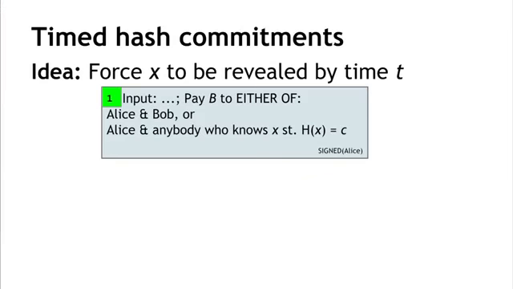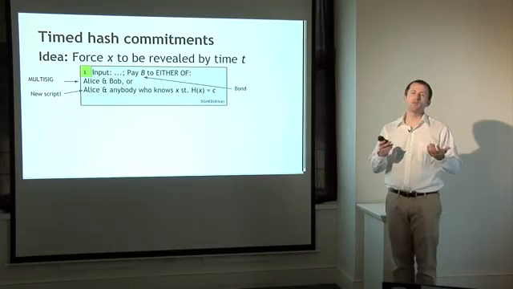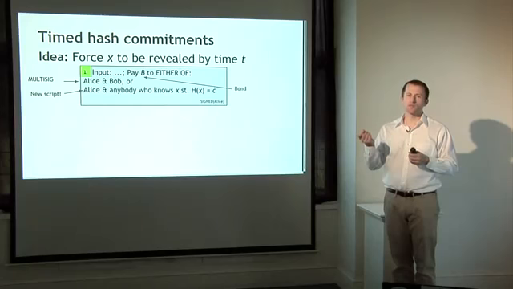So let's say that Alice is trying to enter into a timed hash commitment with Bob. So Alice is going to put up a bond, and she's going to have a transaction that will pay the bond in 2 cases. So if Alice and Bob both sign, that's enough to claim the bond.